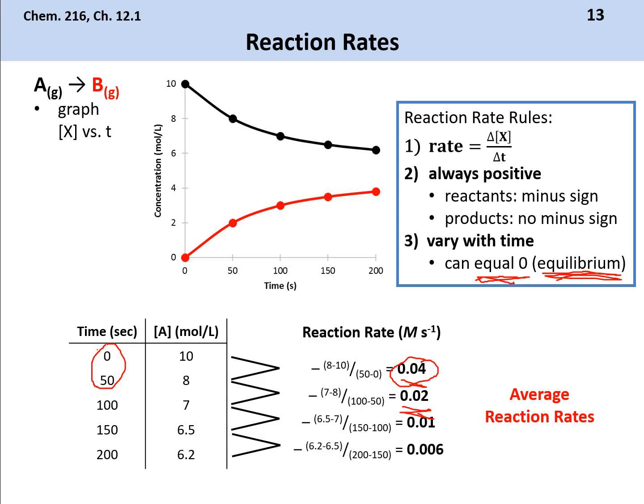In the same way that when I was driving from here to Barstow, at one moment in time I may be going 90 miles per hour, the next moment in time I'm going 80 miles per hour. It varies, but I can say on average I drove at 85 miles per hour. This is average reaction rates.